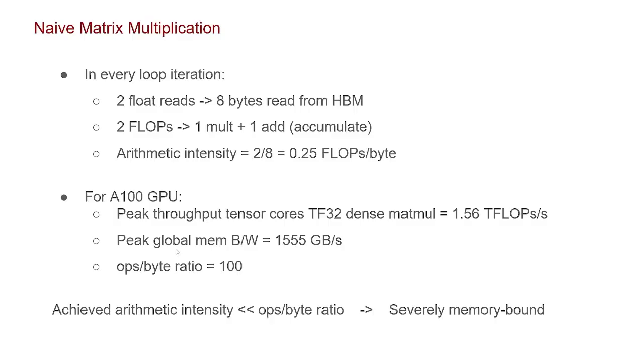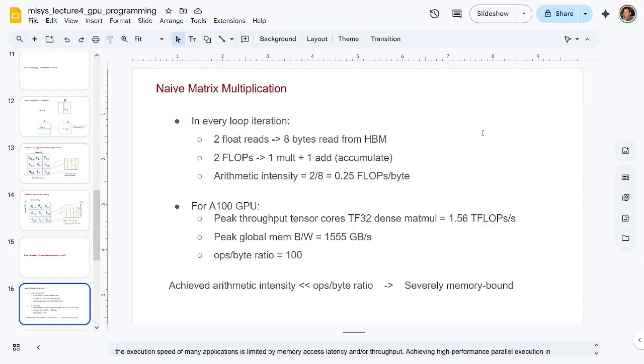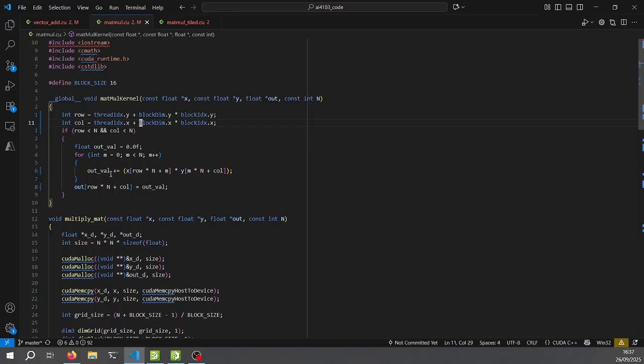But here, just by doing some napkin calculation, we can arrive at some conclusions. In each iteration of the loop, we did 2 loads of floats, which are 4 bytes each, so we loaded 8 bytes. And then in each iteration we had 2 flops, one for multiplication and one for addition to the running sum.